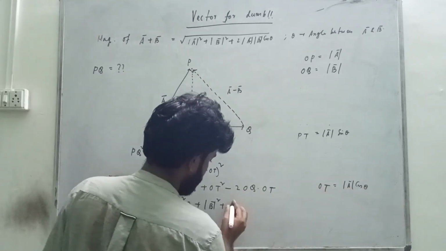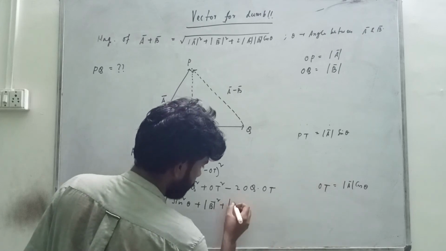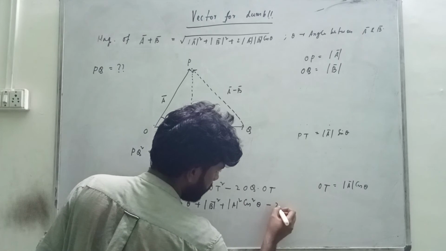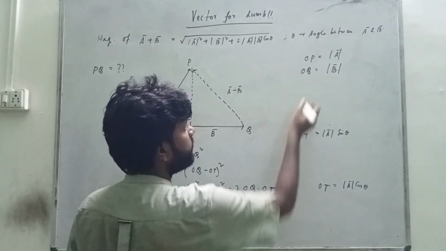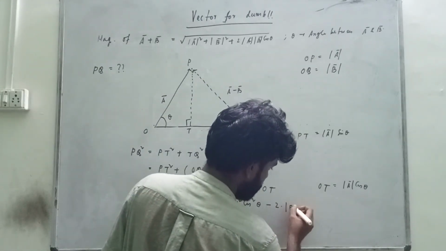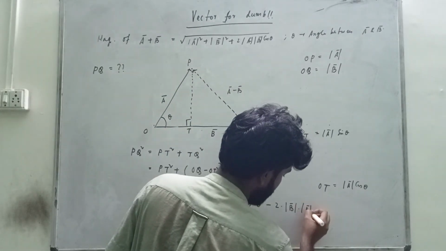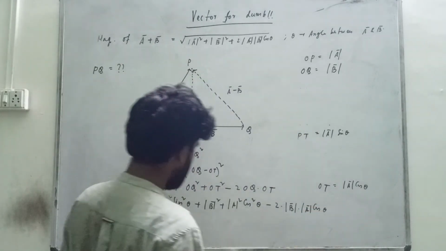OT means modulus of A cos theta, so OT square means modulus of A square cos square theta. Minus 2 into OQ, that means modulus of B, and OT means here modulus of A cos theta, right?